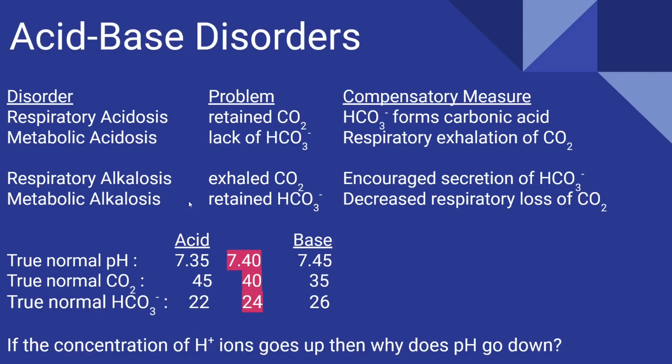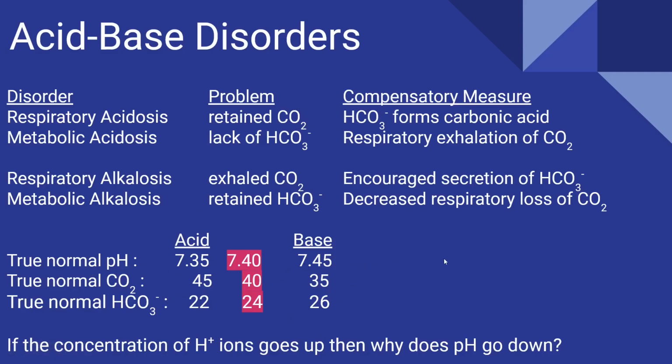And then finally, metabolic alkalosis is we have a state of retained bicarbonate. So if we have too alkalotic of a state, we can increase the acidotic state by decreasing the respiratory loss of that acid or carbon dioxide.